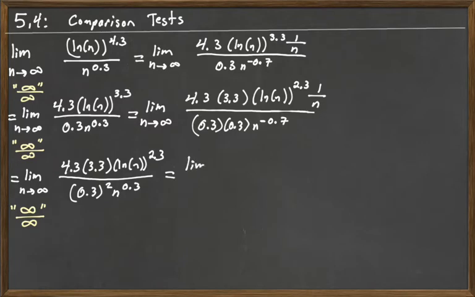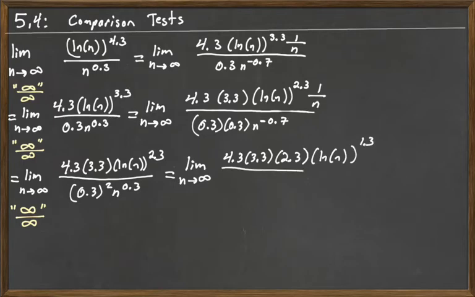This is going to be equal to the limit as n goes to infinity of 4.3 times 3.3 times 2.3 natural log of n, that quantity there, to the 1.3, and times 1 over n by the chain rule. Let's put that 1 over n there.